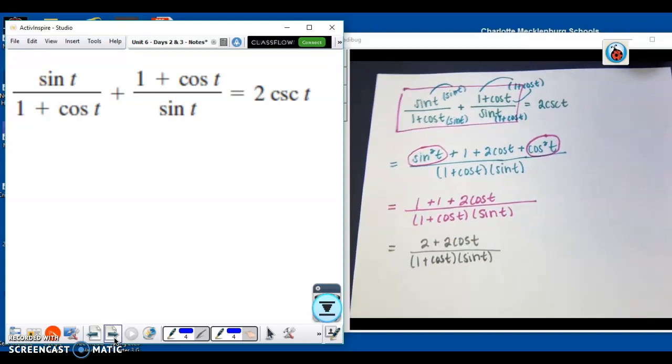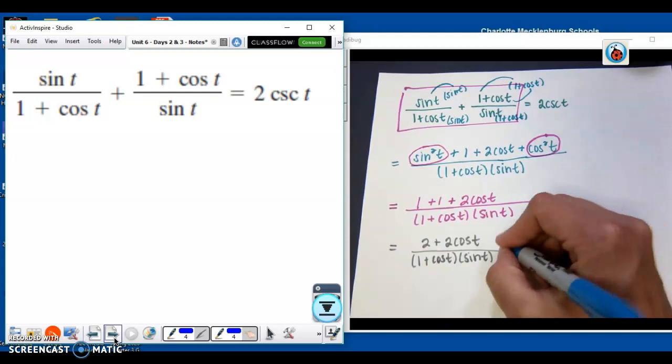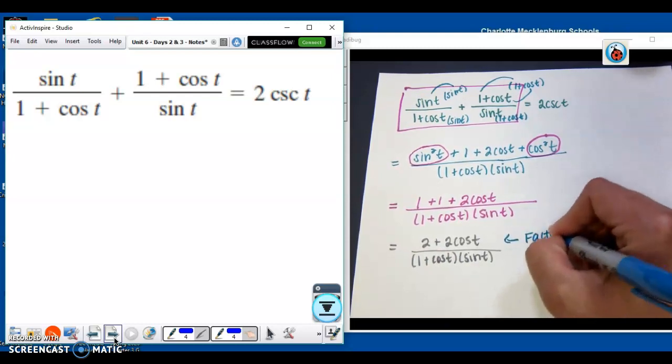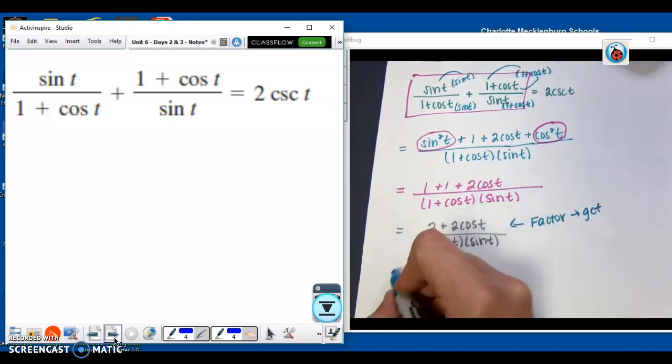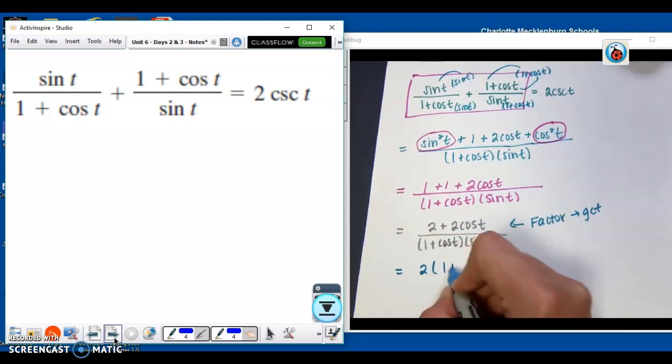Okay. So we get kind of stuck here. If you notice, we have 1 plus cosine t and we have 2 plus 2 cosine t. So I'm going to have to do the factoring again where I look at the GCF, like we did in the last problem. So the GCF there would just be 2. So take out a 2.